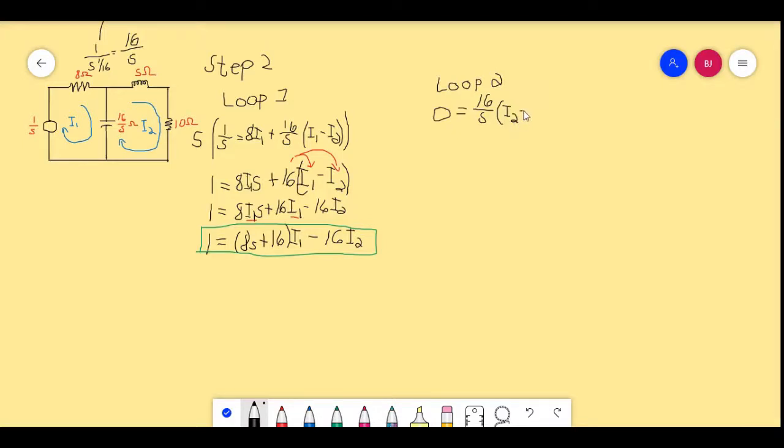If you watch our video from last time, you would know the reason why I had I2 minus I1 in loop 2 and I1 minus I2 in loop 1. So go ahead and refer to that. Then let's go to our inductor, which is S. So that would be S I2. And then we have 10 I2 for our resistor.